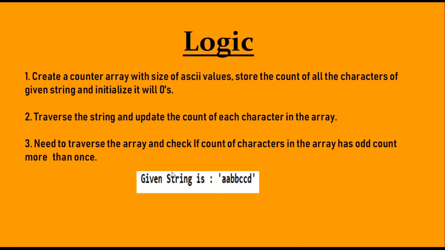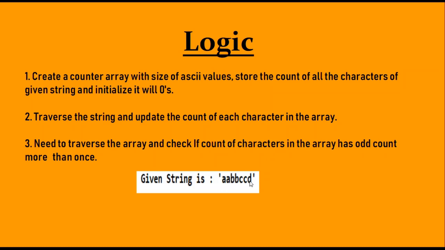This is clear, right? Now we need to traverse through the array. We have updated the count of each character in this array, and we are traversing through the array checking position by position for any character whose count is odd.